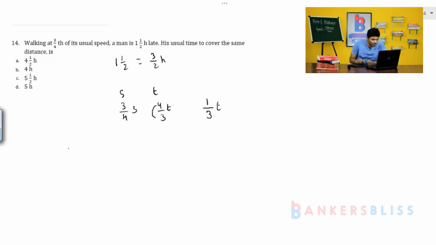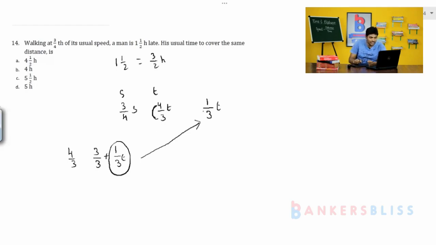See here, 4/3, if you split it: 3 in the denominator, 3 in the numerator, and one more, how much do you have to write? 1. So, 1/3 of the total time is the extra time. So, here we got 1/3 of t. What is the difference between the numerator and the denominator? That is 1.